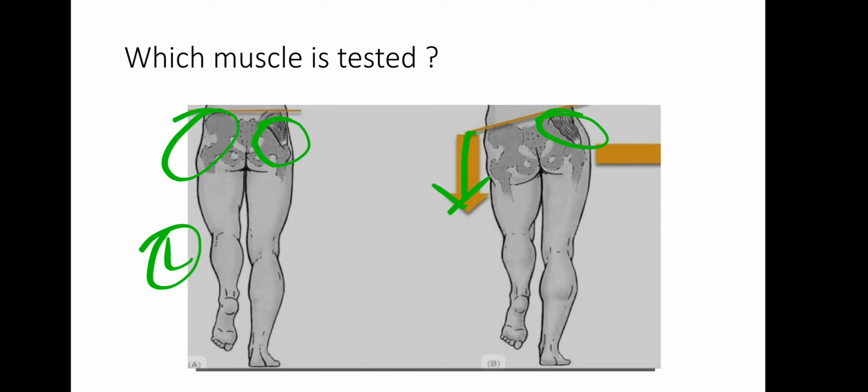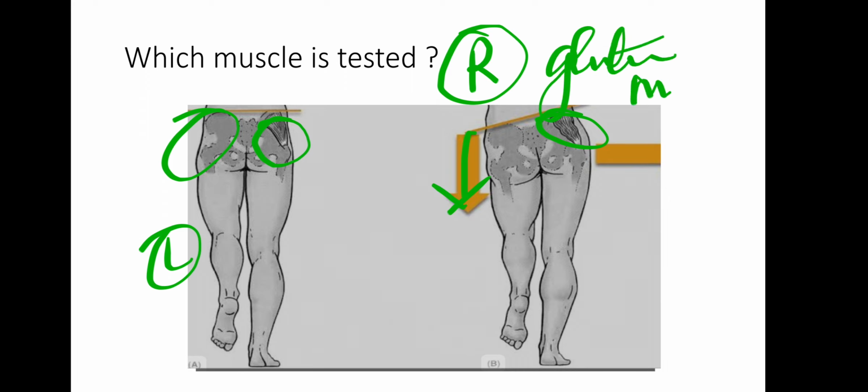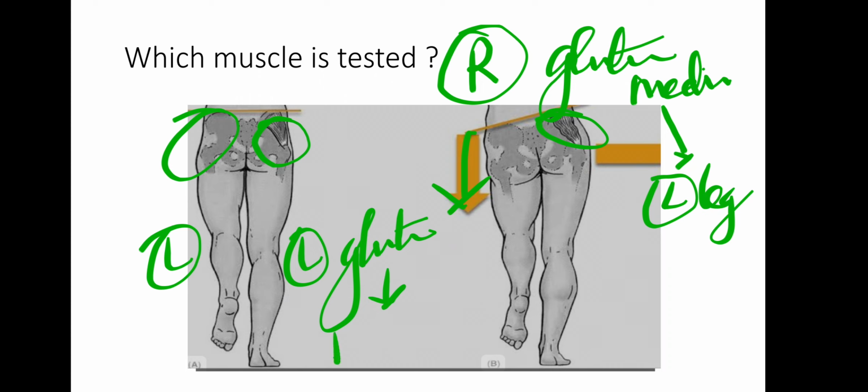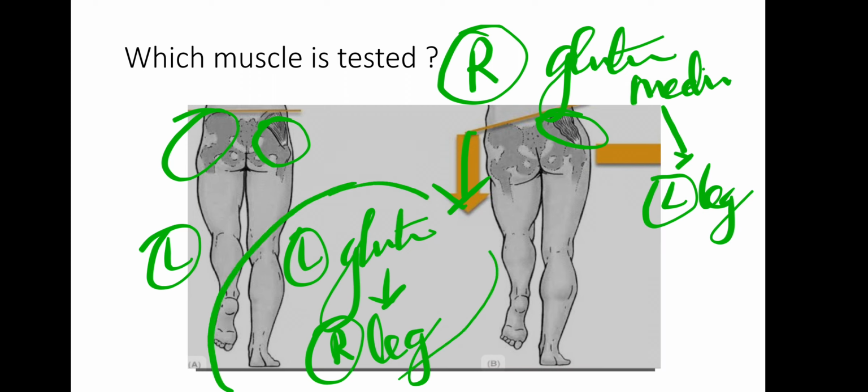To test the strength of the right side gluteus medius and minimus, you ask the patient to lift the left leg and look for it. To check the left side gluteus medius and minimus, you ask the patient to lift the right leg. So just remember the seesaw: it is the opposite side that decides whether the other side of the pelvis should drop down or stay in the air.